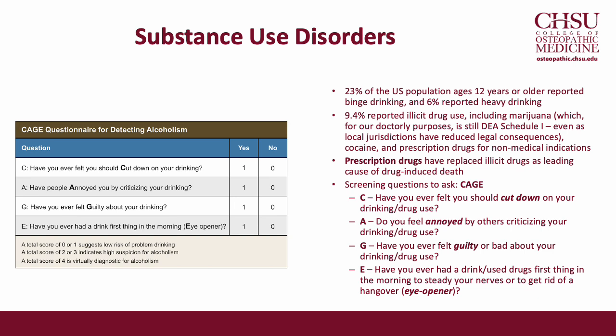The A stands for, have people annoyed you by criticizing your drinking? The G asks the person, have you ever felt guilty about your drinking? And the E asks, have you ever had a drink first thing in the morning as an eye-opener? Each of these questions is scored with 1 point, and higher scores are more diagnostic of alcohol use disorders.